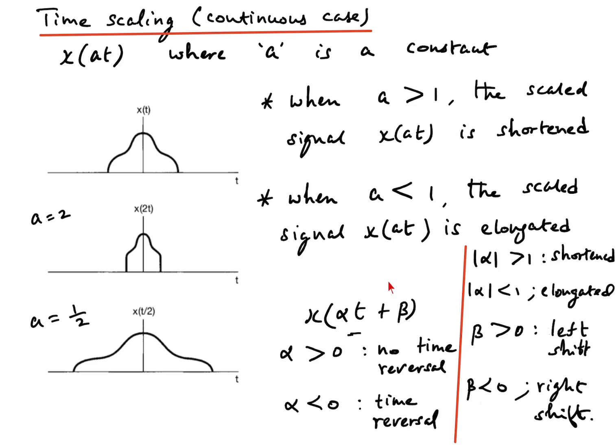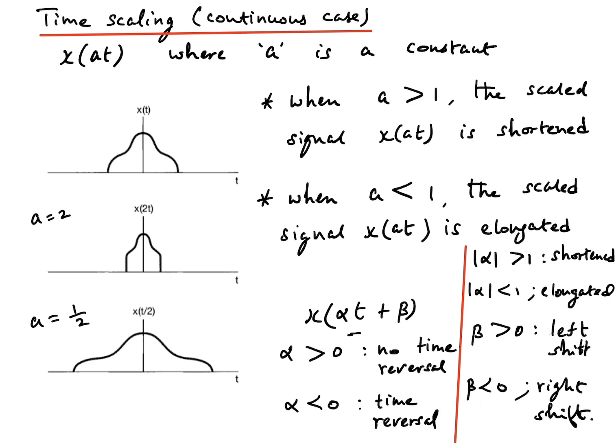And when you have these transformations together for a particular signal, the general rule, the proper way of doing it, is to first perform the shift and then perform the scaling and reversal. Okay, so never perform the scaling part first and then perform the shift. That will cause a bit of confusion, as I will show with an example as well.